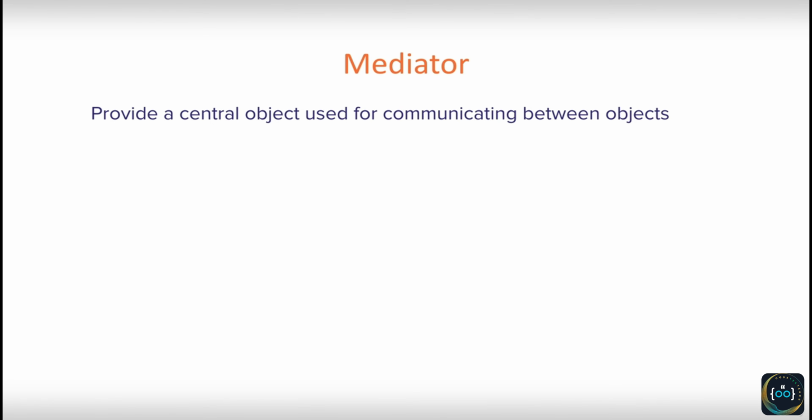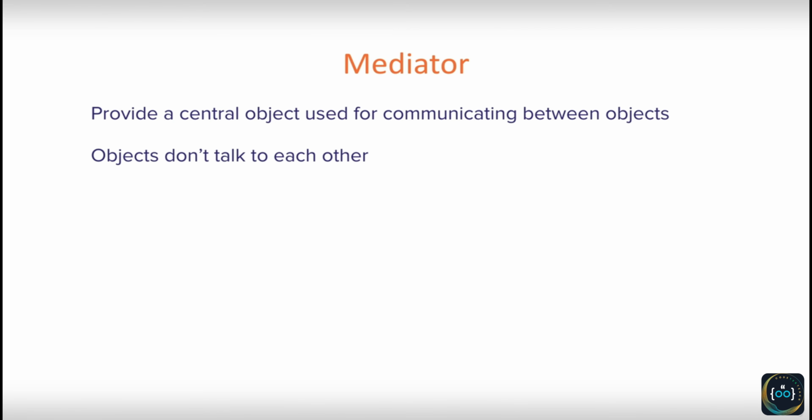It provides a central object that is used for communicating between objects. We've talked about chat applications, but this can also be used in larger applications with various components, or let's say microservices or things like that. Components that need to communicate with each other and share information should have a central location where those messages are being sent.